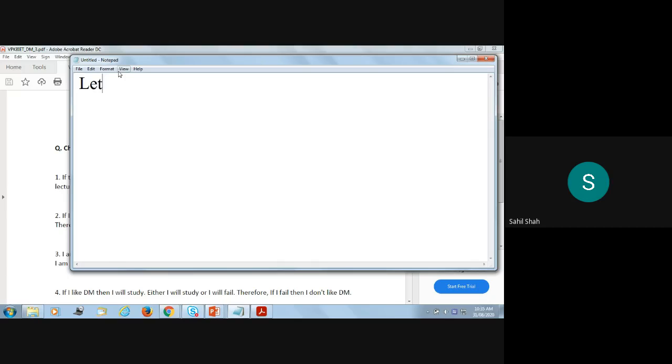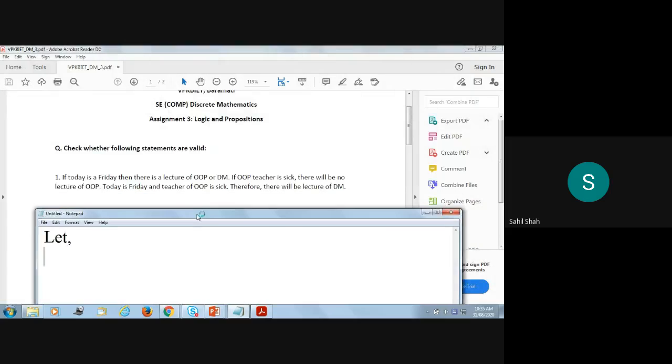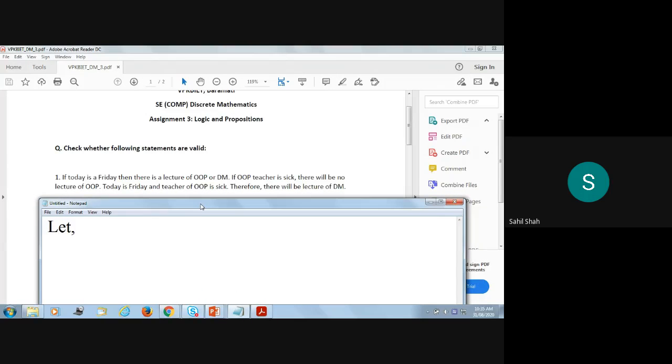I think this is visible properly. Let P denote a proposition which says today is Friday. Q denote a proposition which says there is a lecture of OOP.